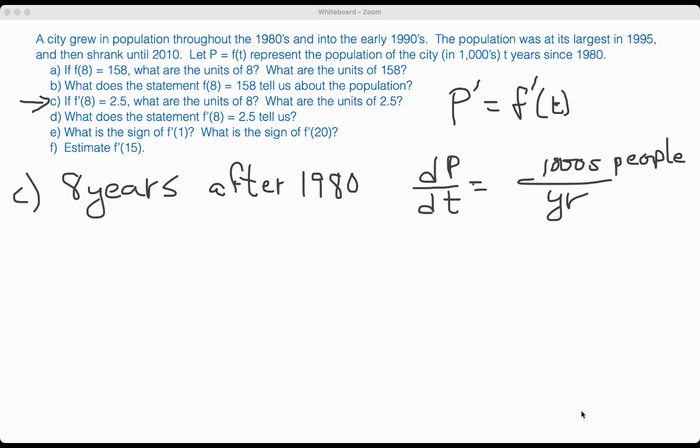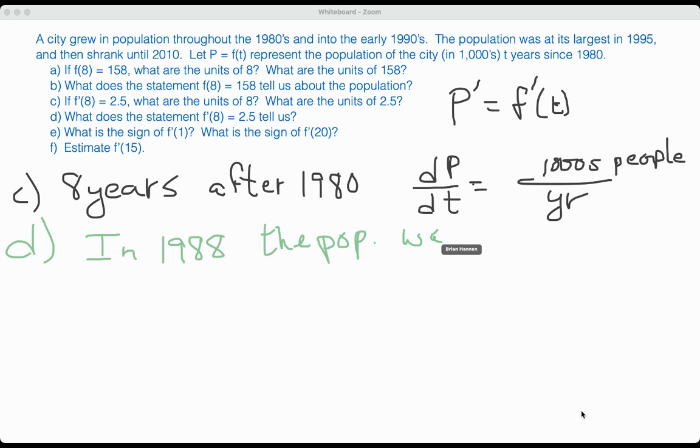And the fact that it is 2.5 here, the fact that it's asking about the number of years there, well, that's a good indicator that in 1988, the population was growing basically 2,500 people per year.